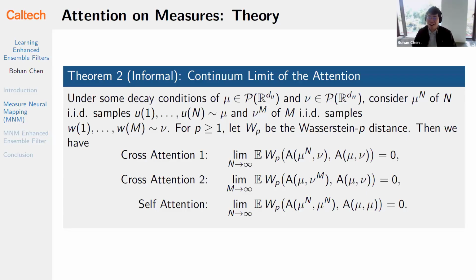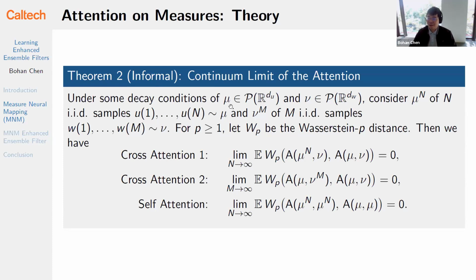I will put it on arXiv soon. We call it the continuum limit of the attention mechanism. Here, we only deal with the attention on probability measures. Under some decay conditions, to be specific, we need it to be equal to or faster than Gaussian decay.